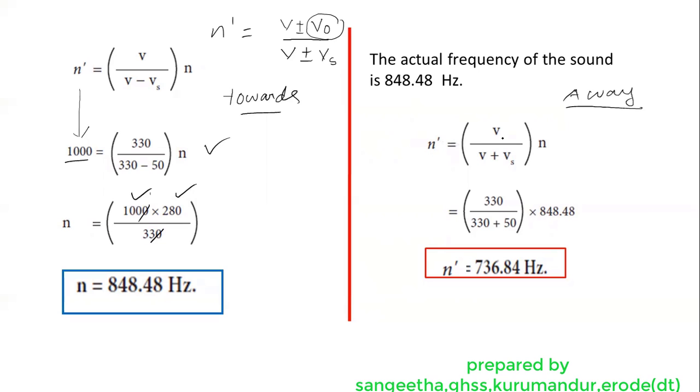So n dash is equal to V by V plus Vs into n. Substitute the values: 330 by 330 plus 50 into 848.48. Then you will get n dash is equal to 736.84 Hz.